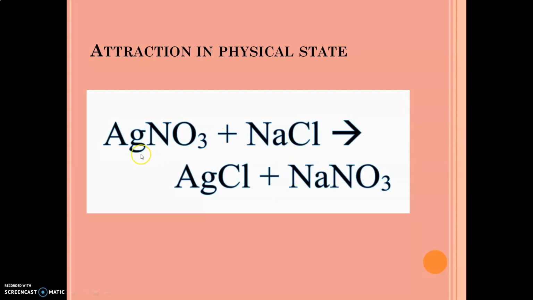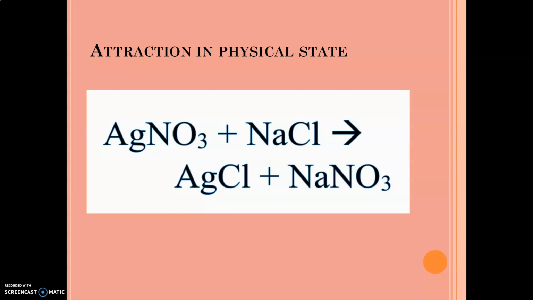Ag will react with Cl and Na will react with nitrate. So AgCl, that means silver chloride, will be formed and sodium nitrate will be formed. Now, silver chloride will be formed in the form of precipitate.